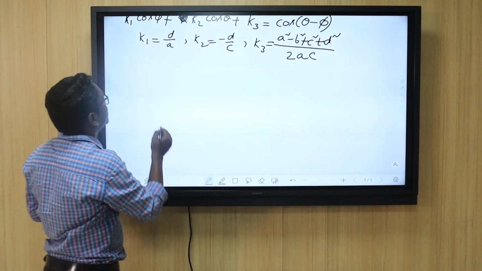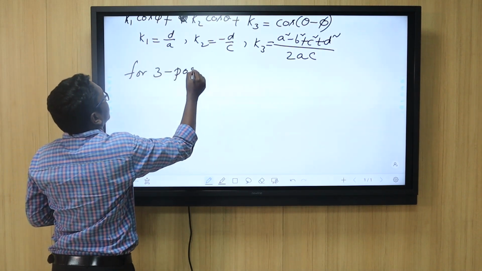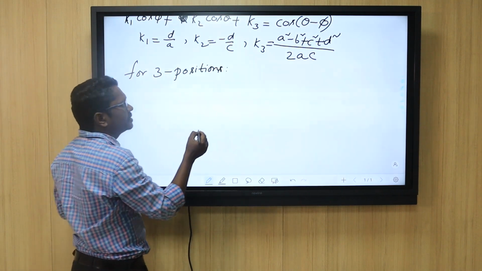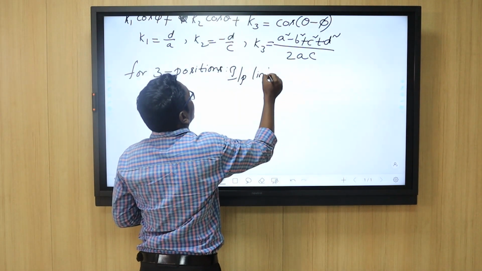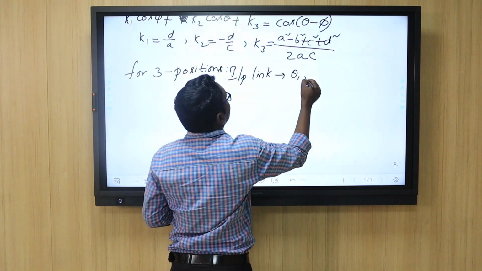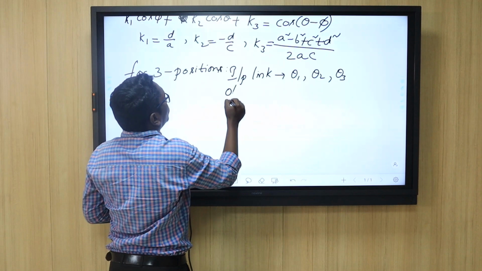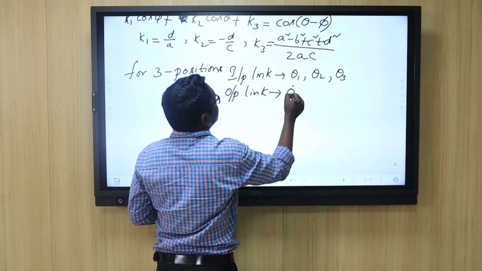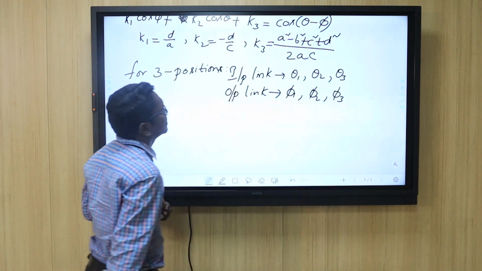So for 3 positions, for the input link we will consider theta 1, theta 2 and theta 3. For the output link, we have to consider phi 1, phi 2, phi 3, right?